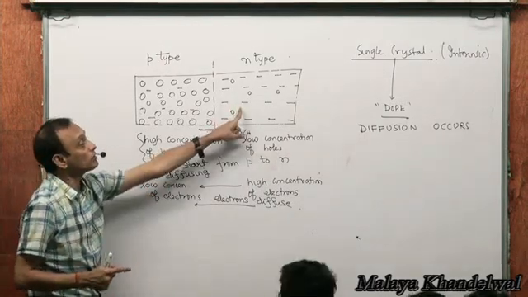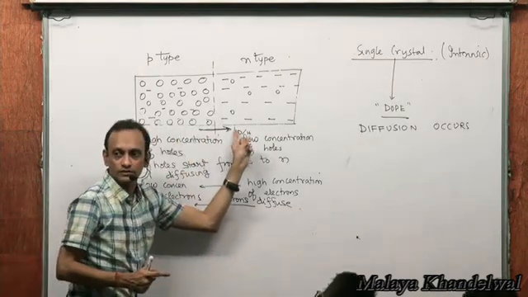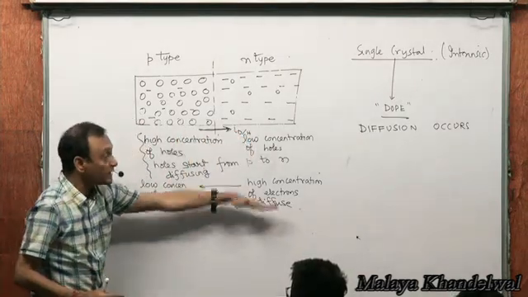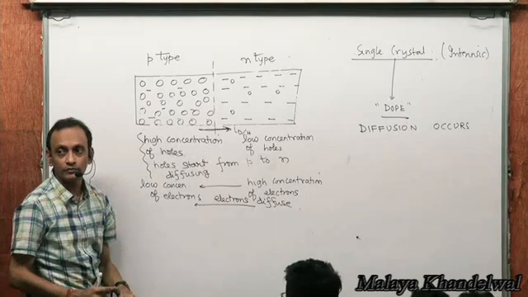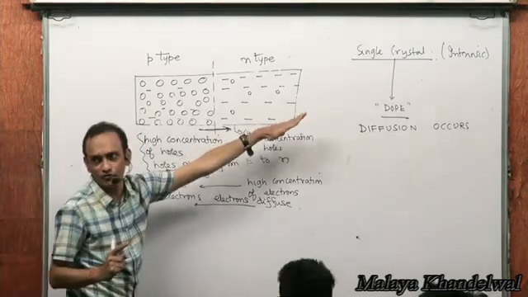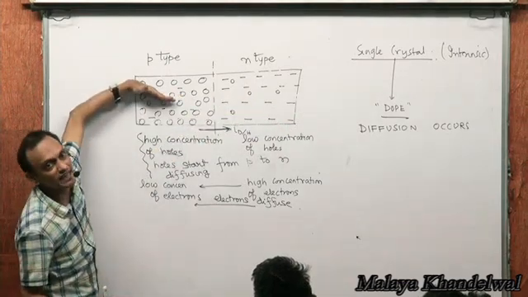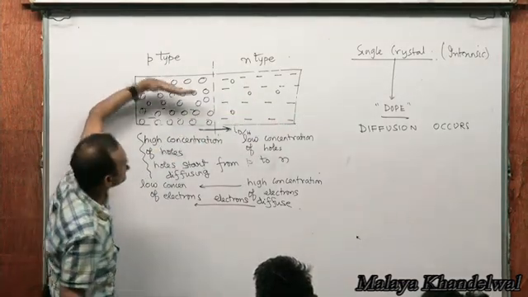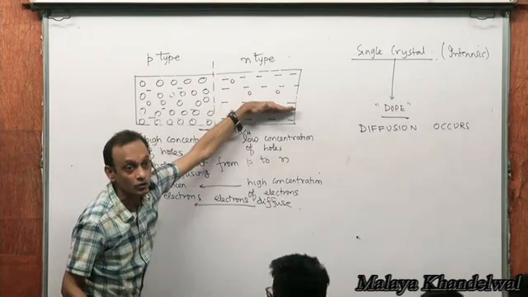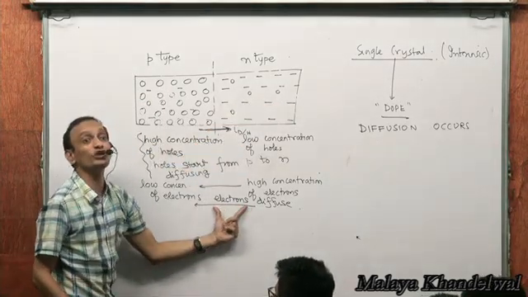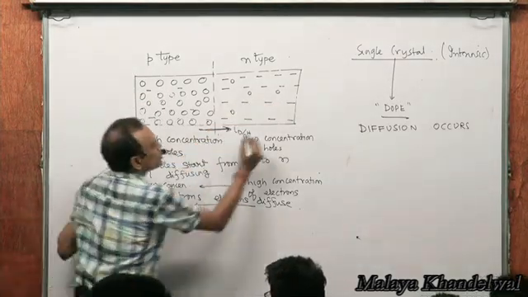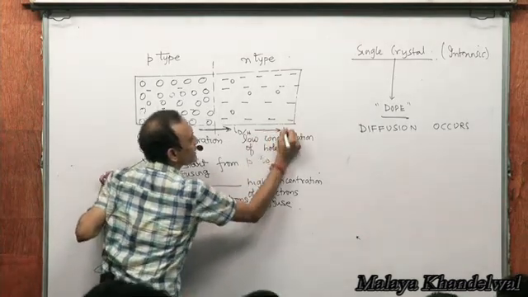Now the whole current is from left to right, and electrons are diffusing from right to left. It's as if positive charges are diffusing from left to right. If holes are diffusing from right to left, it's as if positive charges are diffusing from left to right. That means the diffusion of electrons will also produce a current in the same direction.